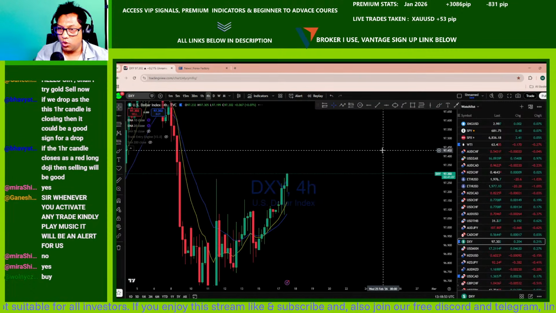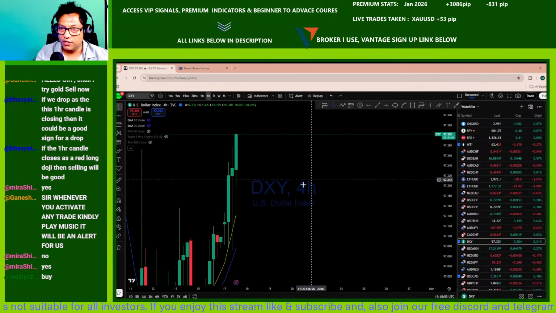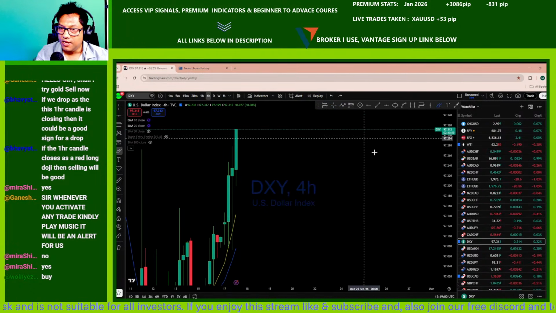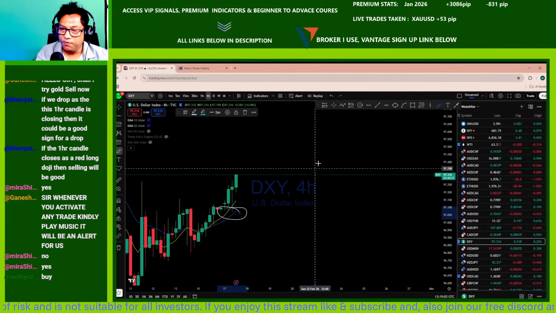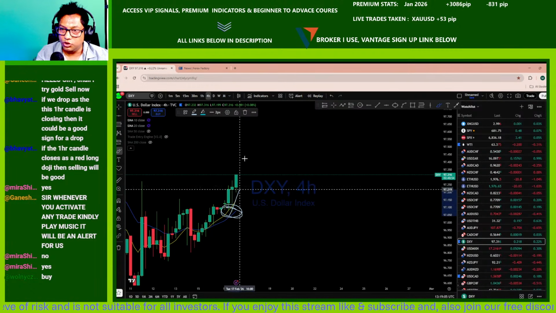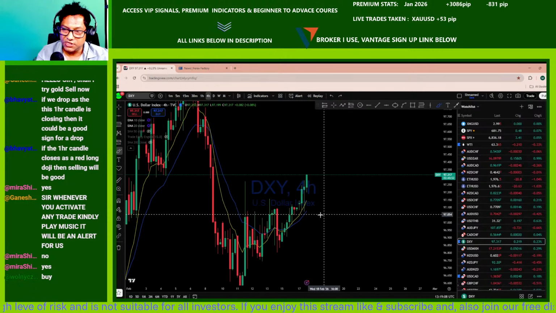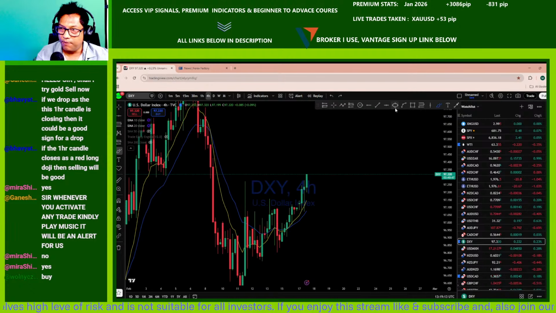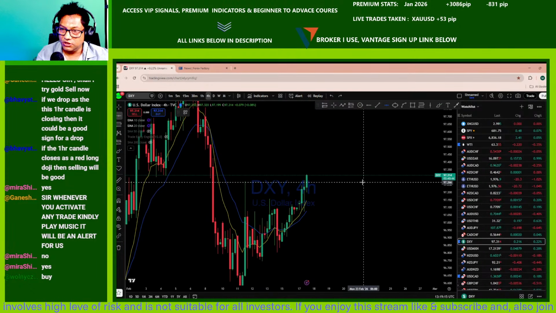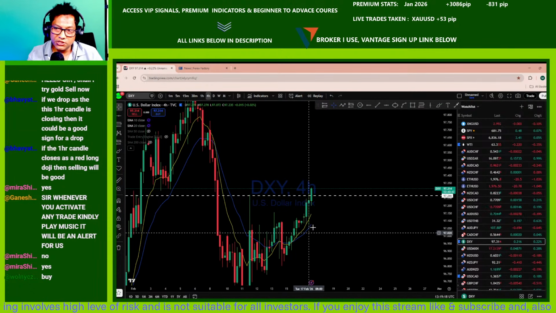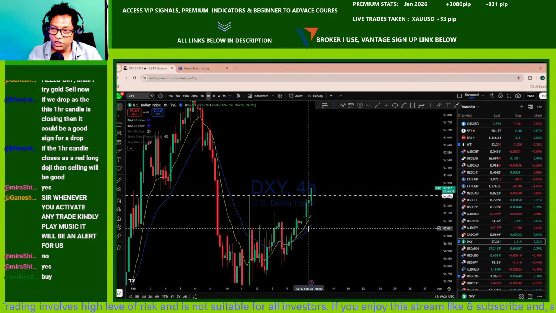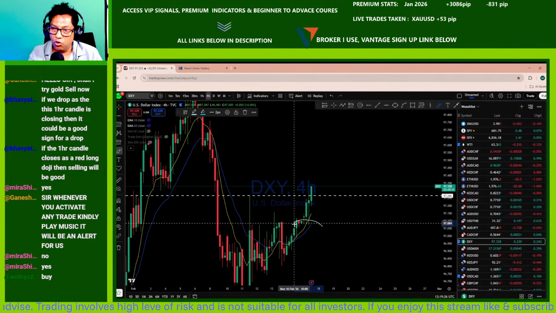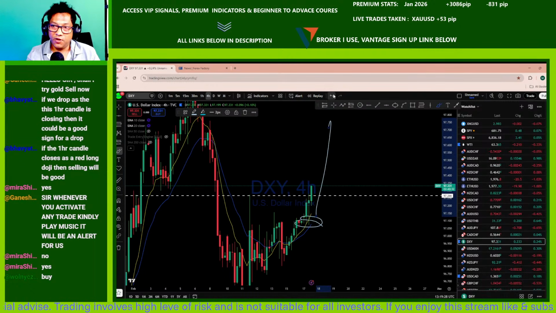On this 4-hour chart there is a liquidity sweep in that area, and after this liquidity sweep the price has broken back to the upside, and with this break above, it is now approaching this key level, which is a resistance line. With the resistance, if you look at the doji and bullish engulfer, this price action on the 4-hour that you can see on the dollar index is bullish here for the short term at least.